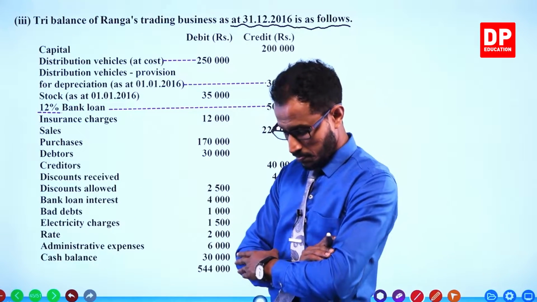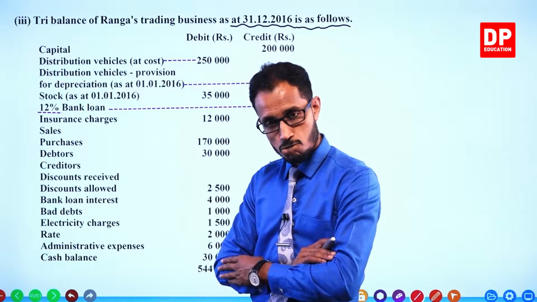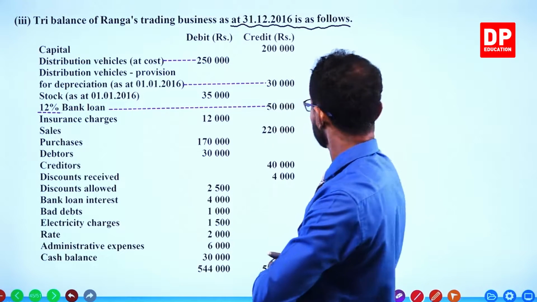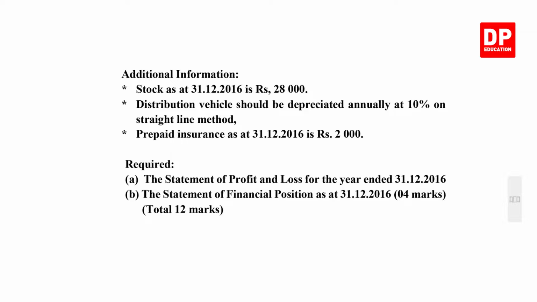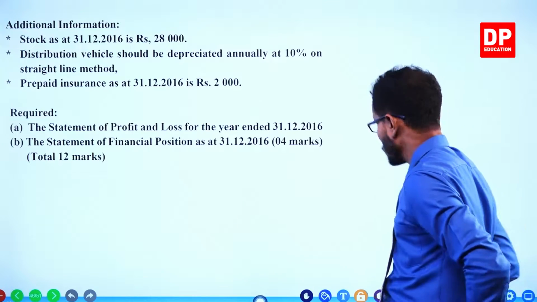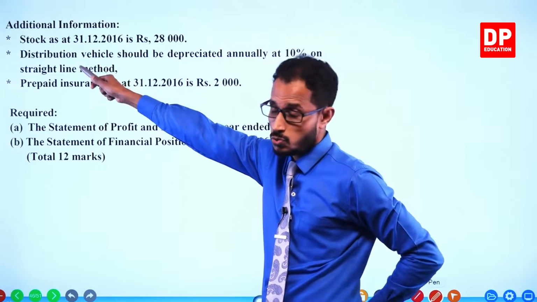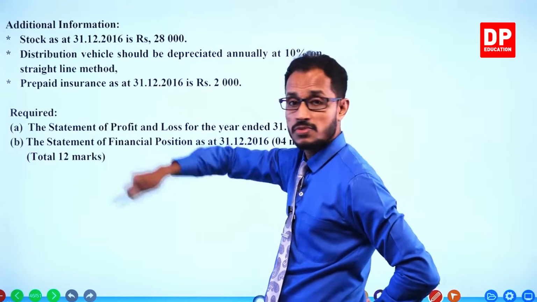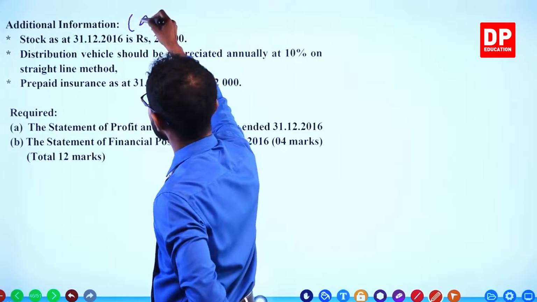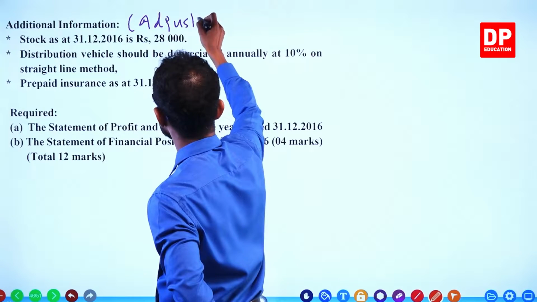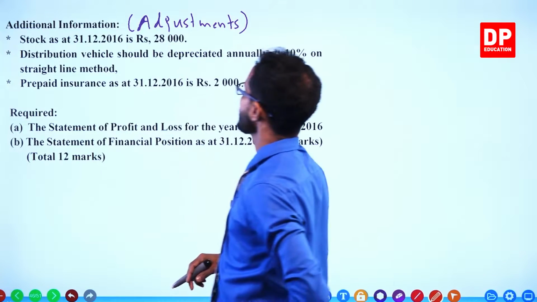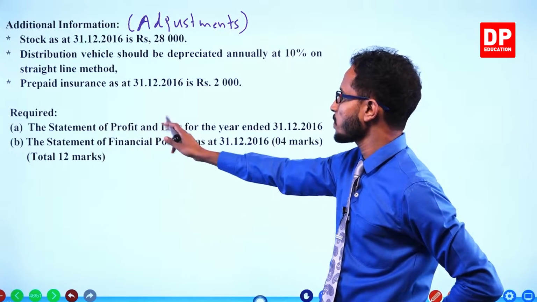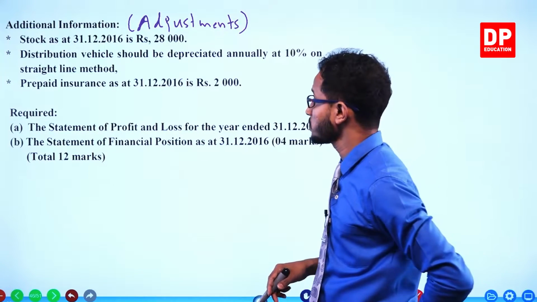Now, what are we required to do? It's on the other page. Here we go. We are required to take this additional information to make the adjustments and prepare the statement of profit or loss.